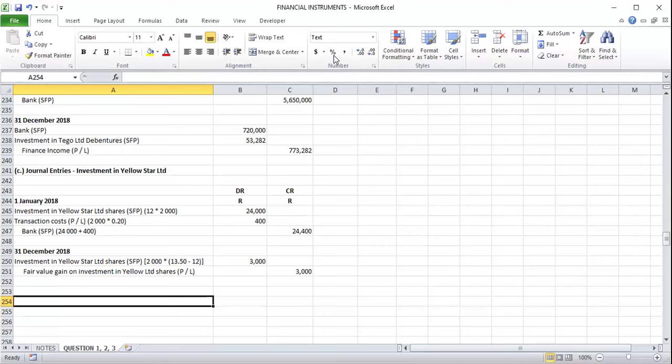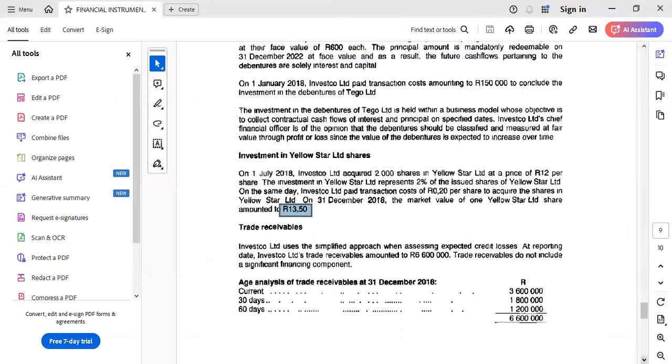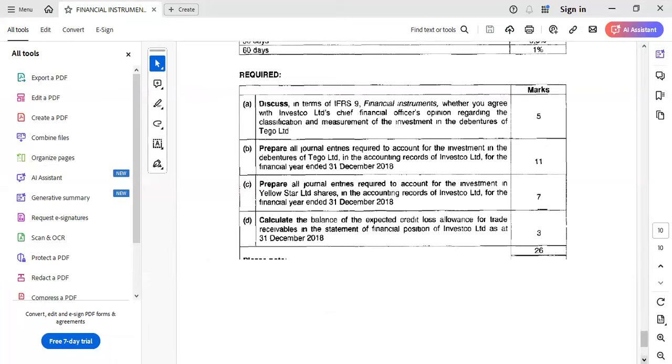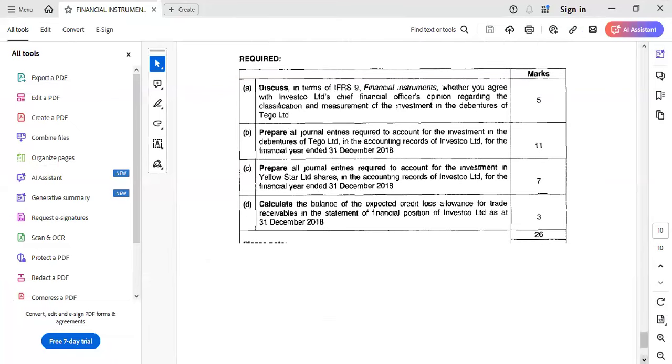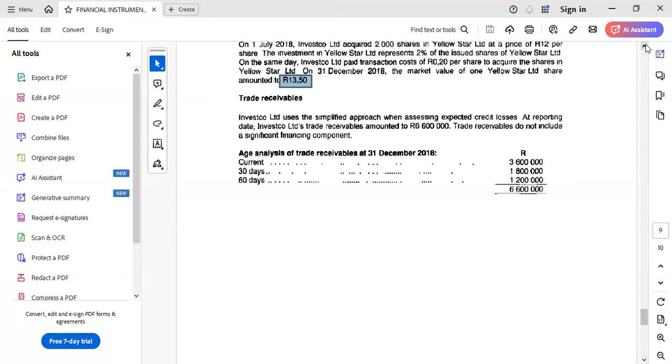Right. Then the last part of this question, number D: calculate the balance of the expected credit losses allowance for trade receivables as at 31 December. Investco Ltd uses the simplified approach when assessing expected credit losses. At reporting date, Investco Ltd's trade receivables amounted to 6.6.